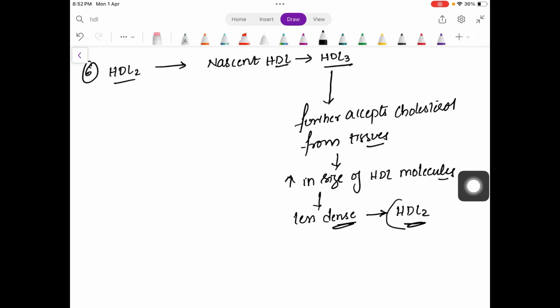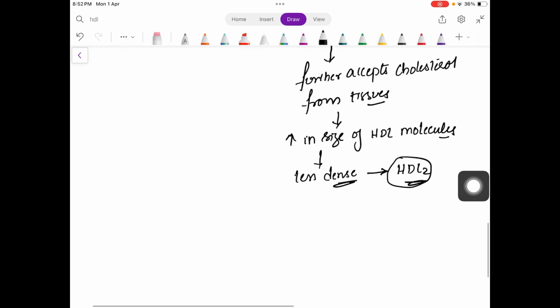That means these HDL molecules are greater in size than HDL3 molecules.